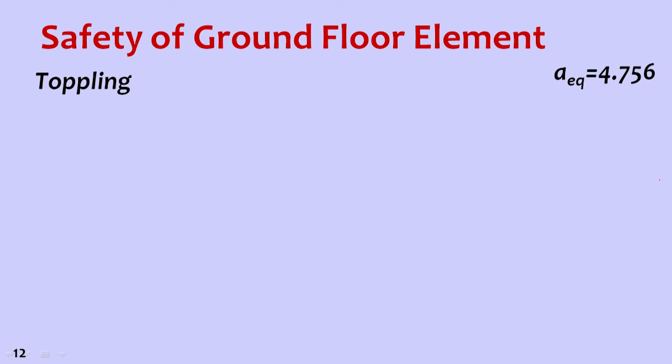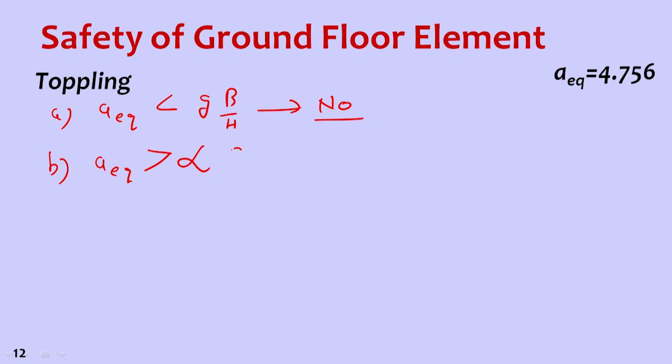Now let us move to the last one. Lastly, we have the first condition for toppling: AEQ should be less than G into B by H, which was not satisfied. You can directly see from the sliding case. I will move to the second case, where we have to compare AEQ with alpha G into 1 plus 1 by 6 omega by P. Now this value will be constant.